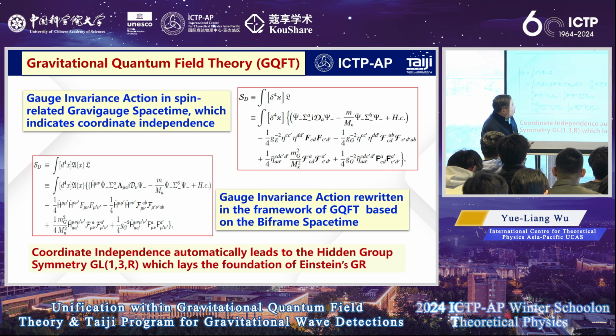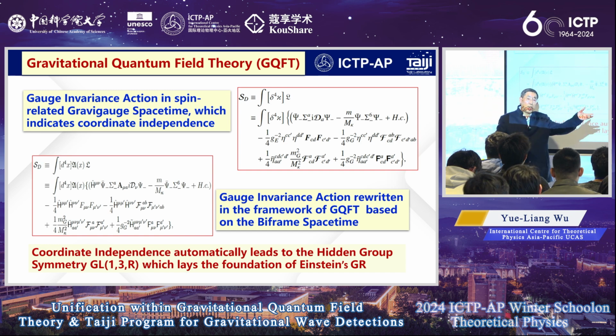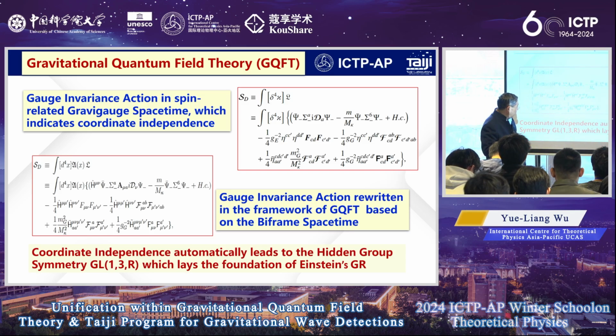Because this is coordinate independent, eventually we prove that when you project to the coordinate spacetime, I start from flat Minkowski spacetime, but actually we found there's a hidden symmetry. As it is independent of coordinates, you can have any symmetry. Then eventually you find there's a hidden general linear group symmetry. So that is the foundation of Einstein general relativity.